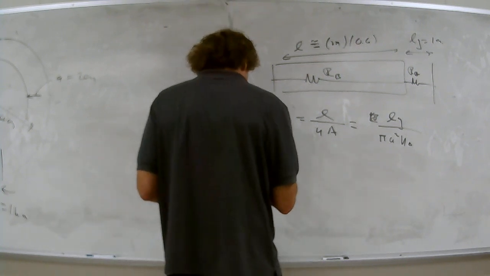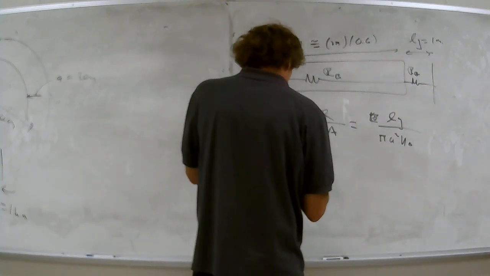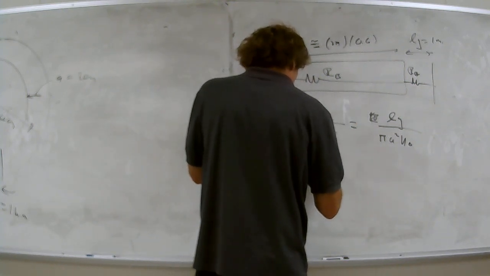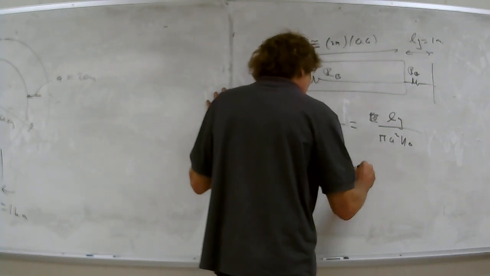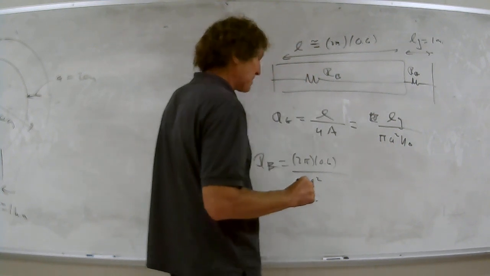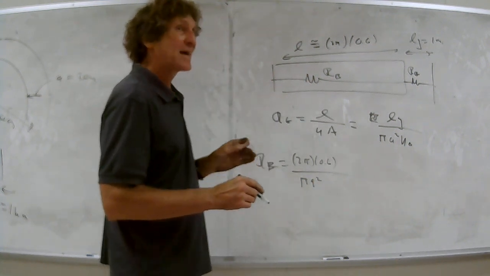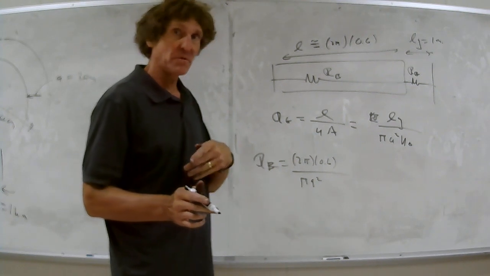What's the reluctance of that bar? Total length, which is 2 pi times 0.6, divided by the area of the bar, which is going to be pi a squared, right? And then it's divided by that permeability that we're going to have to iterate on. You all with me, class?